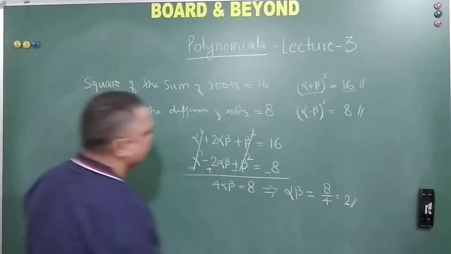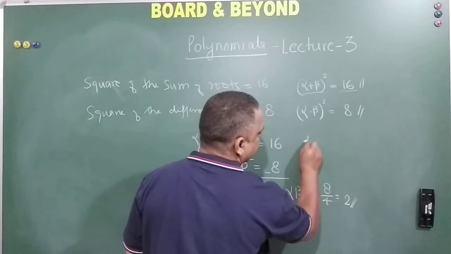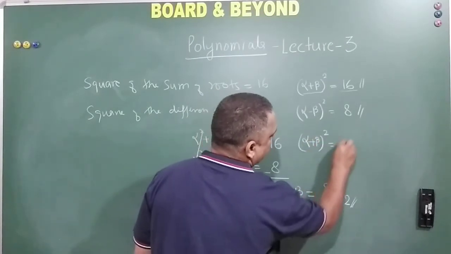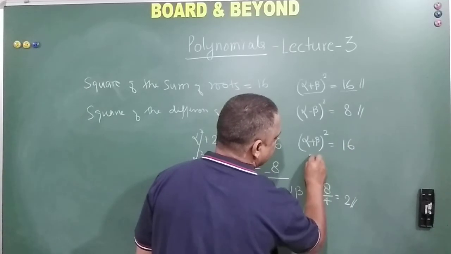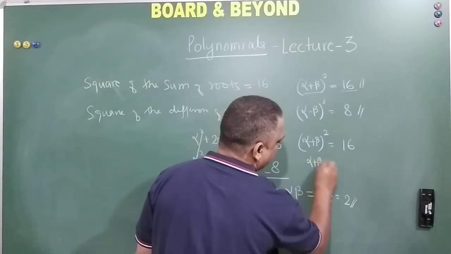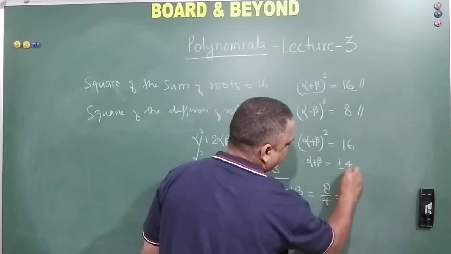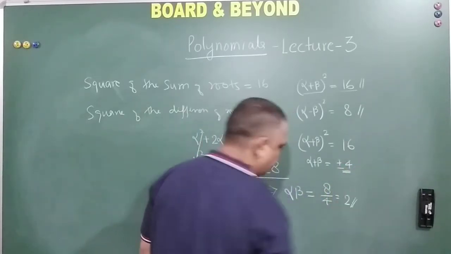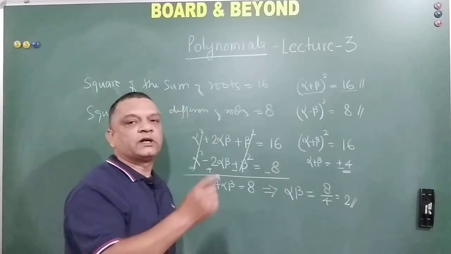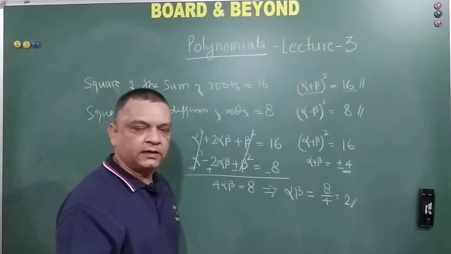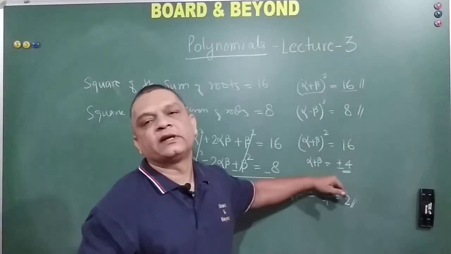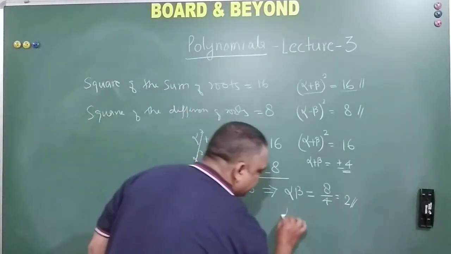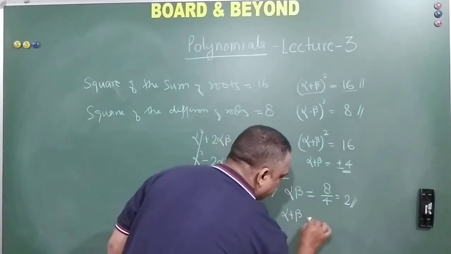We will consider plus 4. Although you can consider minus 4 also and proceed further, but for the moment we will consider plus 4 and take it forward. So alpha plus beta is equal to 4.